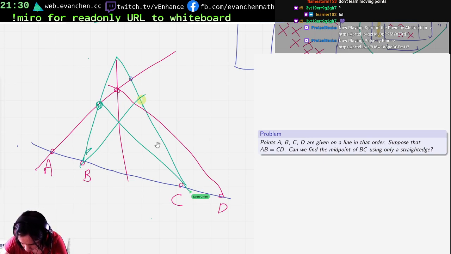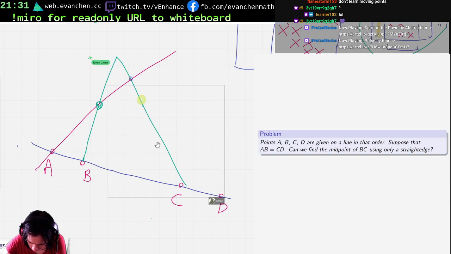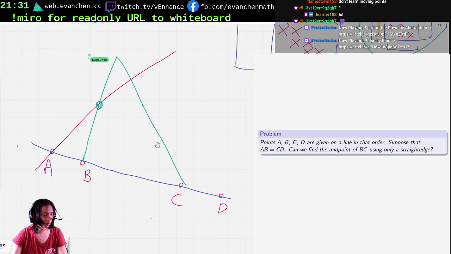But I don't know how to locate that yellow point.